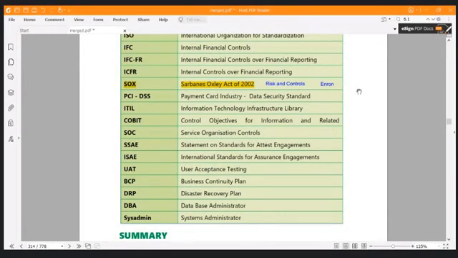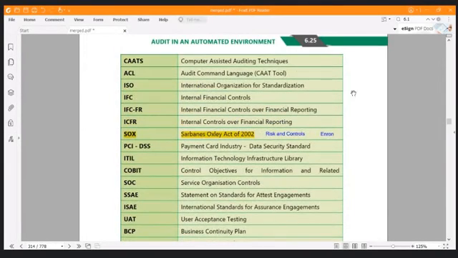So for every single transaction, for every event that is happening in an organization, if you set up controls around it, they say the likelihood of another Enron happening is very low. And that's where they came up with the Sarbanes-Oxley Act and said internal controls are the way forward. And from there we have all the other aspects.